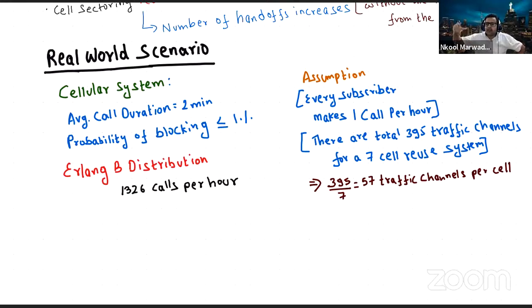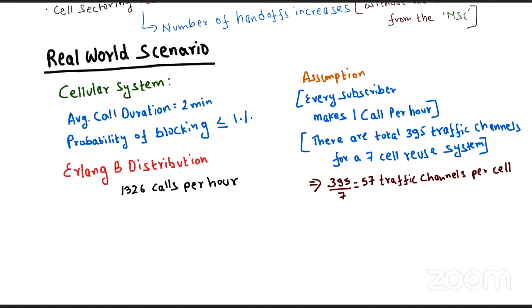It means that after every 7 cells, the frequency reuse will take place, and the total channel capacity is distributed among these 7 cells. So every cell gets 395 by 7, approximately 57 traffic channels. And from the Erlang distribution, we found that a normal cell, which is not sectored, supports 1326 calls per hour.